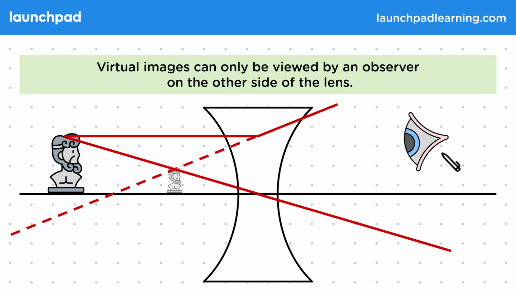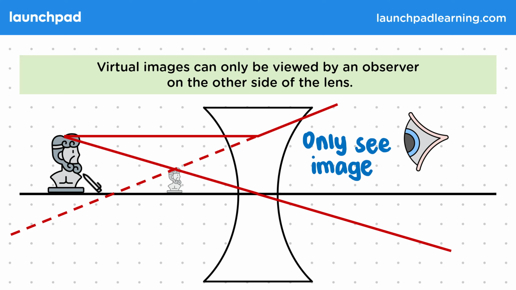Our brains then trace these rays back to figure out where they originate from. In this case, as we look through the lens, we would only see the image, not the object. This is because the lens has tricked our brain into thinking that these light rays converge here, rather than at the object. This is similar to how we're tricked into seeing objects in a mirror.